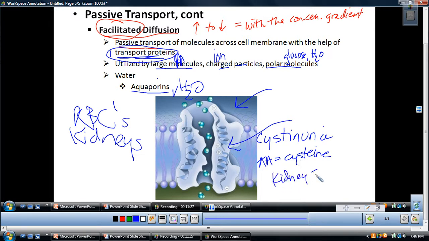So if you know someone who has quite a few kidney stones, I will tell you that it is genetic, and the person is missing a few of these transport proteins that is responsible for getting this amino acid into the cell. So it's kind of interesting that they've done some research on these. I just thought that was kind of cool.